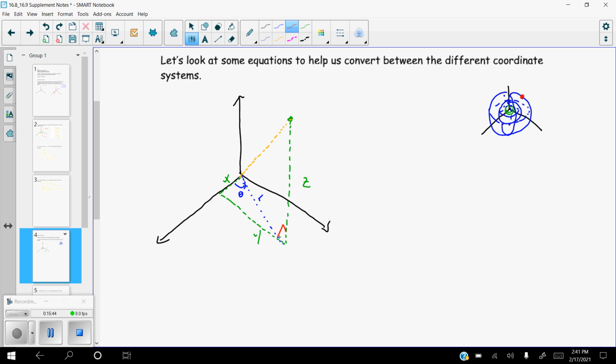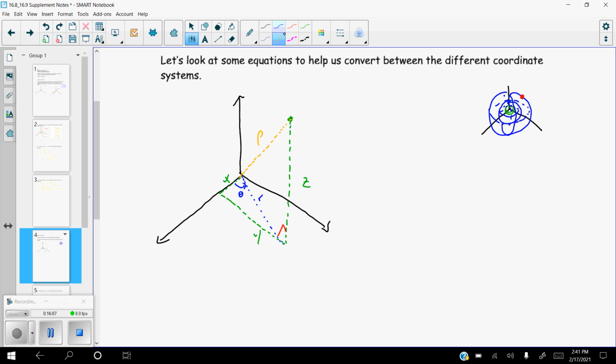So R is one leg, z is another leg, and the distance in orange would be your hypotenuse. We're going to call that rho, not to be confused with the rho that we typically use for mass or density, excuse me.